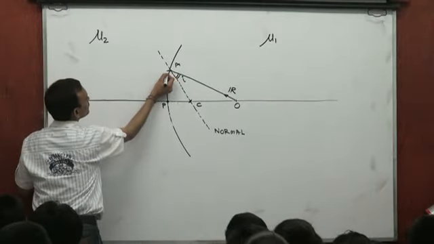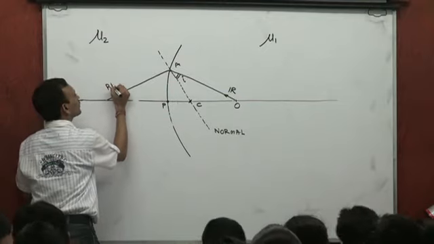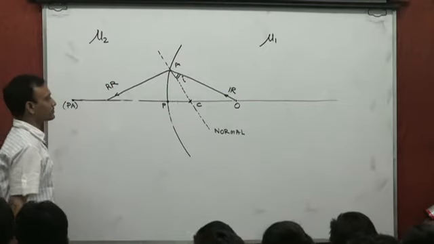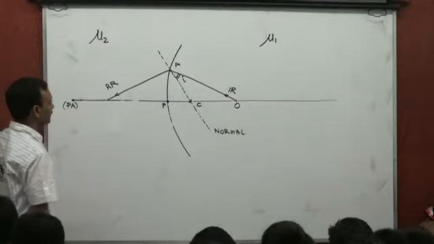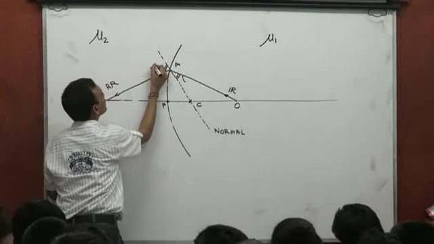And let's say this is the refracted ray. So if this is the normal at the point of incidence, this then becomes the angle of refraction R.